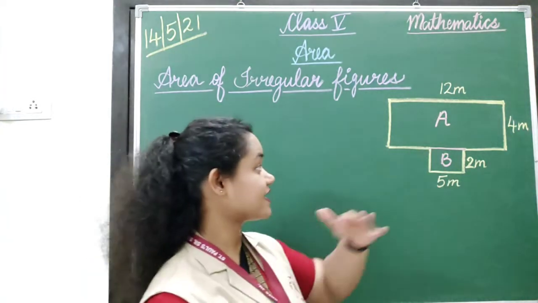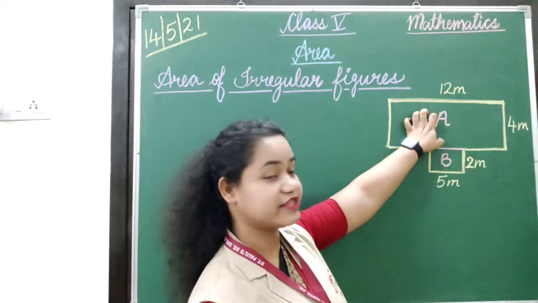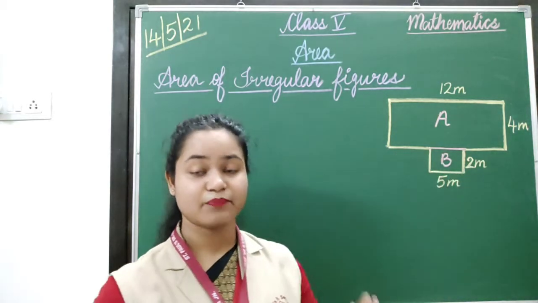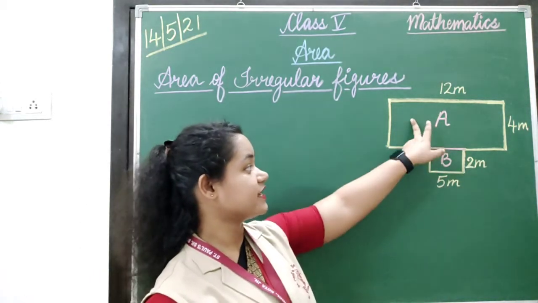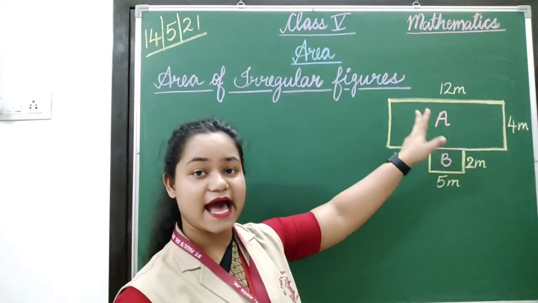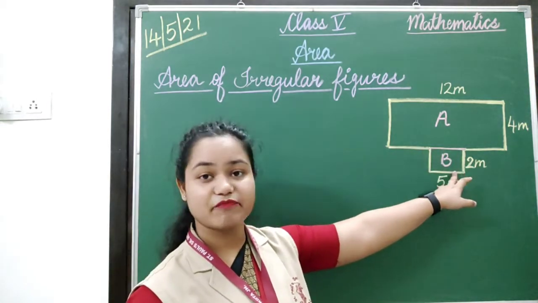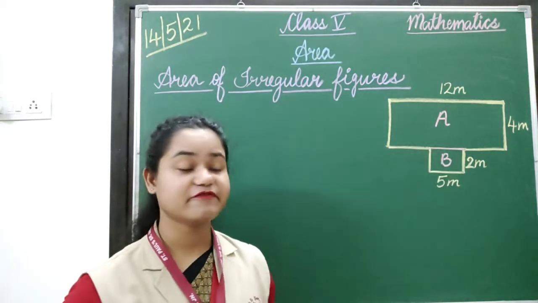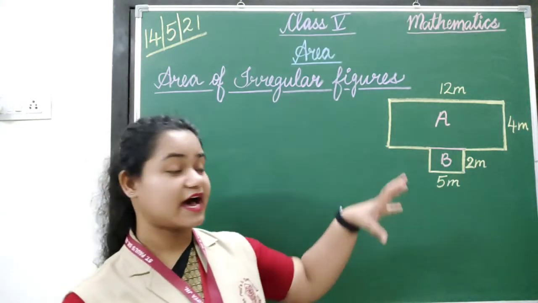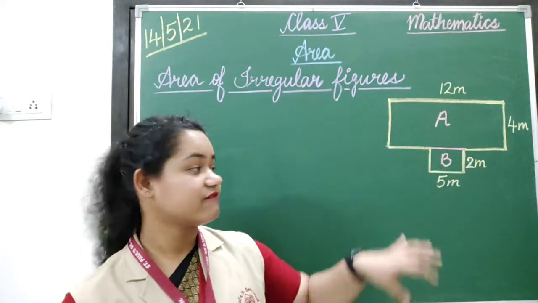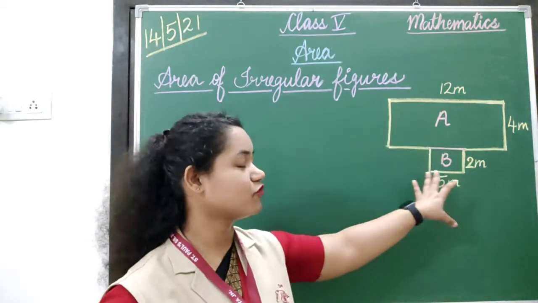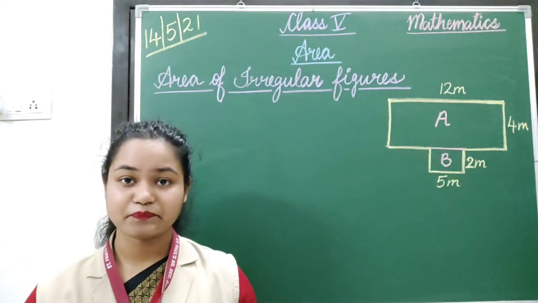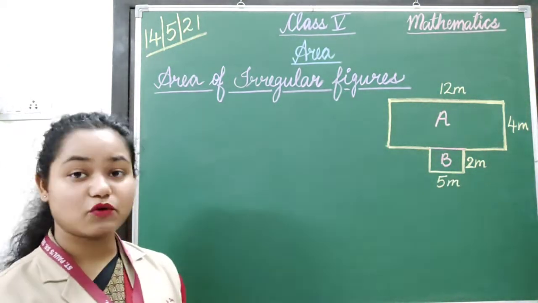So that I don't forget what is the area of this part and what is the area of that part. Now, if I find the area of A part and then the area of B part, and add them together, I will get the area of the full figure. Yes or no? So, let's find out the area.